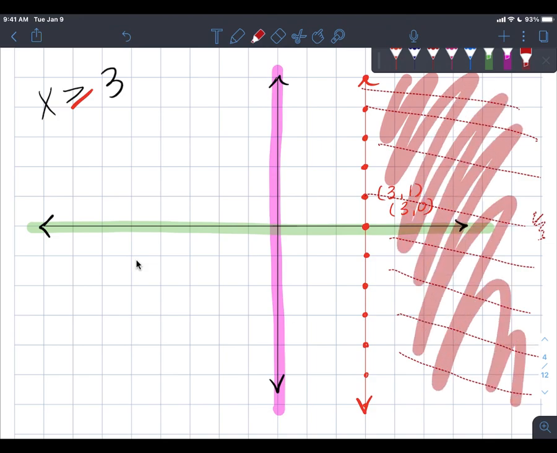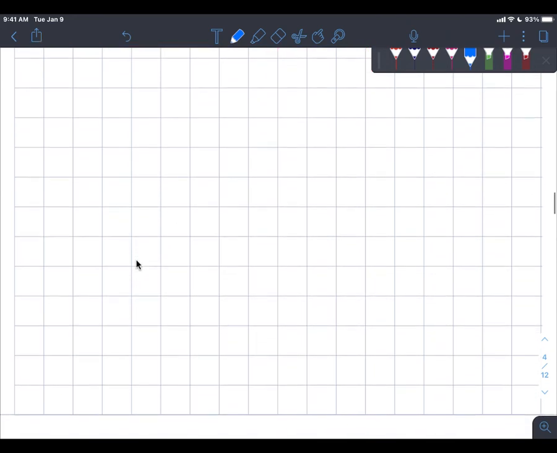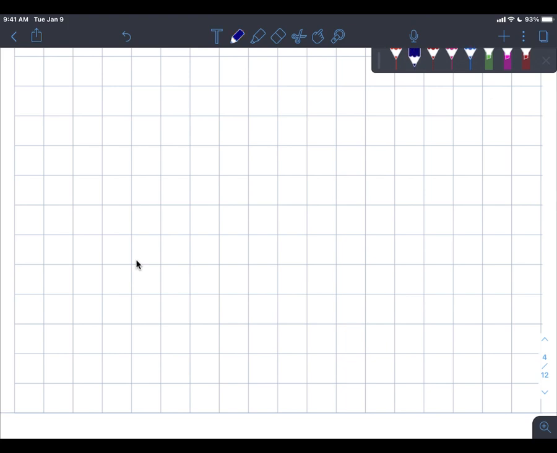All of this would be shaded. If they were asking me about solutions, any point on this solid line and anywhere in this shaded region, I can pick any point I want. All right, let's do the same thing now with one of those y graphs. Here is one of my axes.